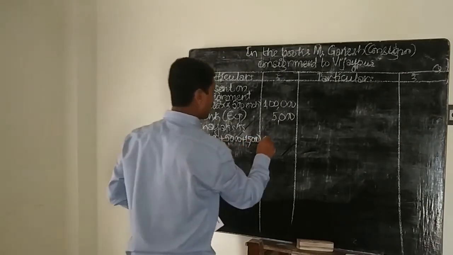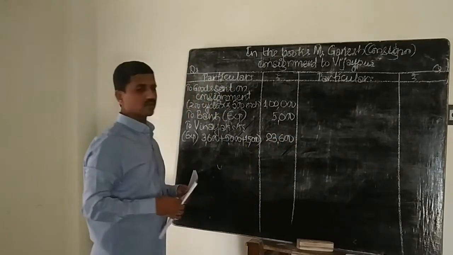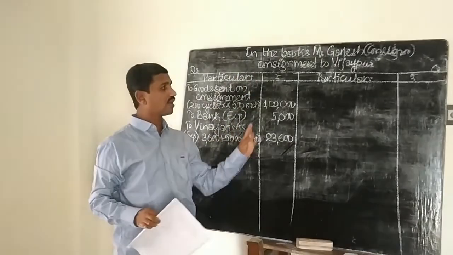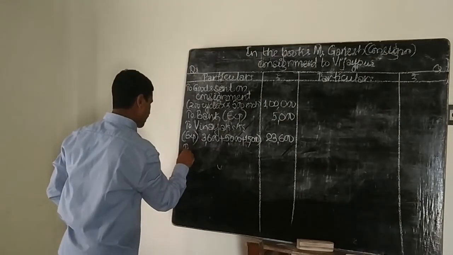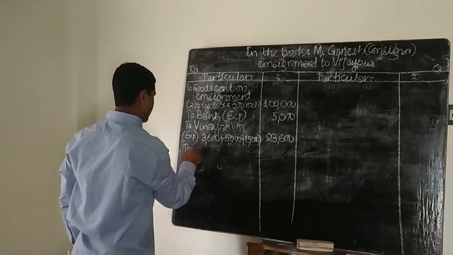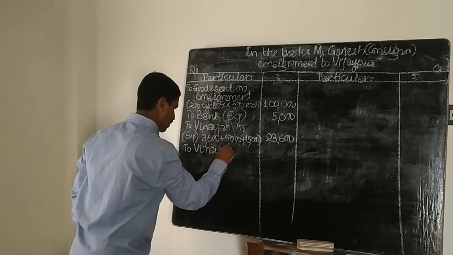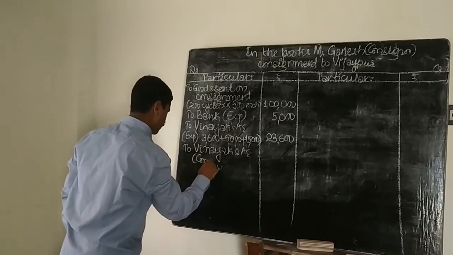So 23,600 will be the total expenses paid by the consignee here. Then when the commission is payable to the consignee, then the entry will be consignment account debit to Vinayak's account. Vinayak's account, in the bracket you write commission.